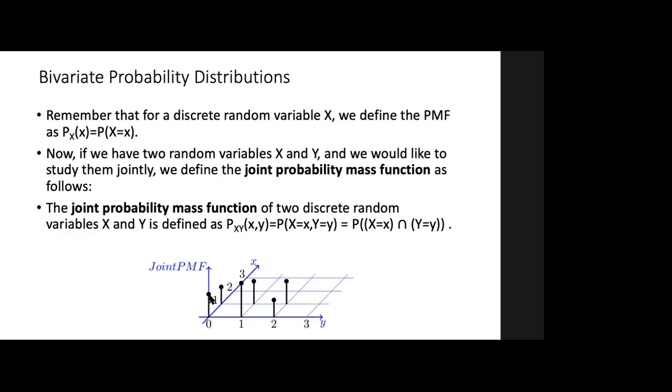Not that many students have 0 points, but this height here would be the probability that we have 0 for talk 1 and 0 for talk 2.